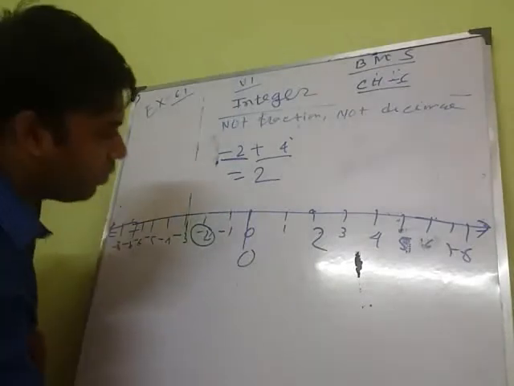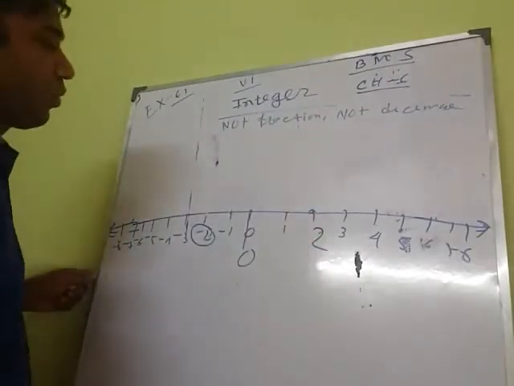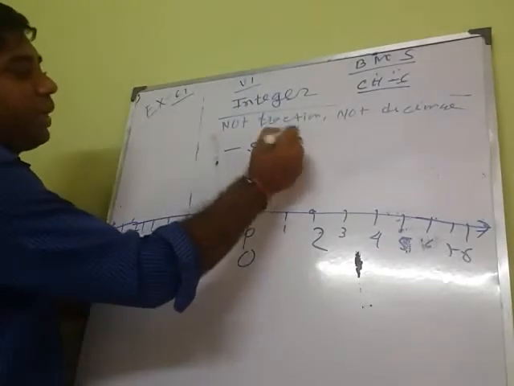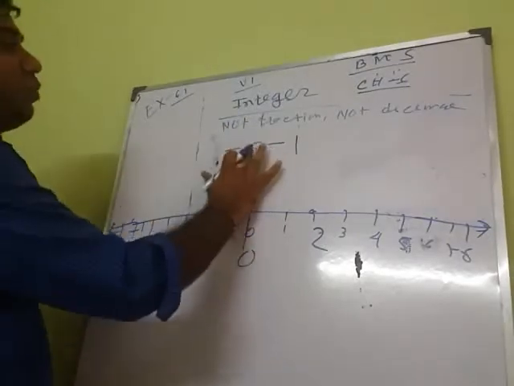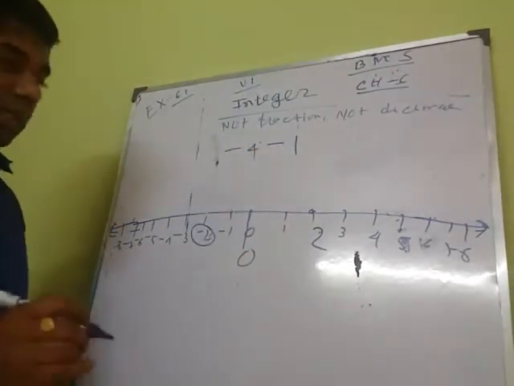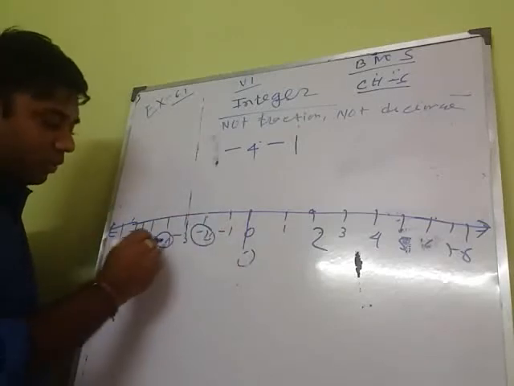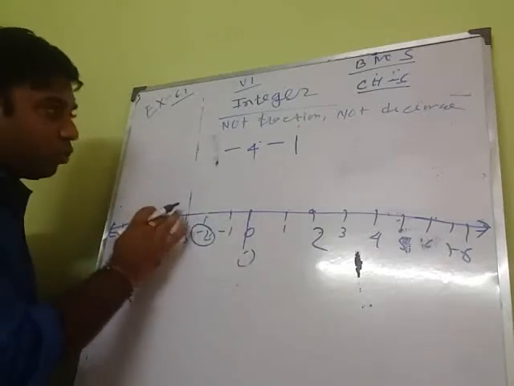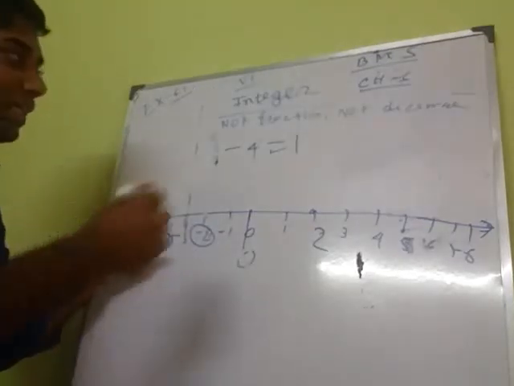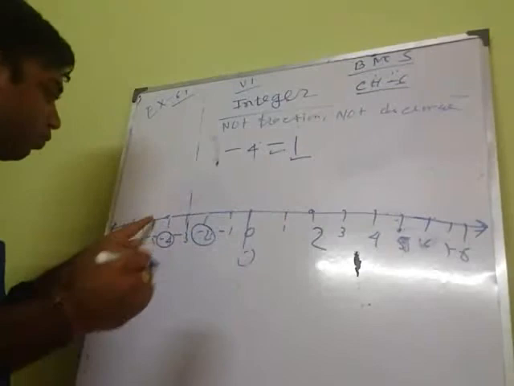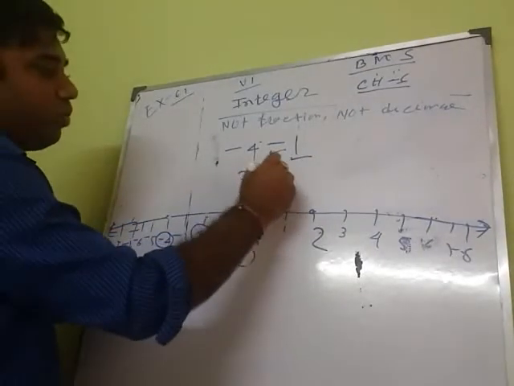Okay, next example, minus 4 minus 1. Okay, from 0, 1, 2, 3, 4, that is minus 4. Then the sign minus means you have to move to the left hand side by 1. That place is minus 5, so the answer is minus 5.